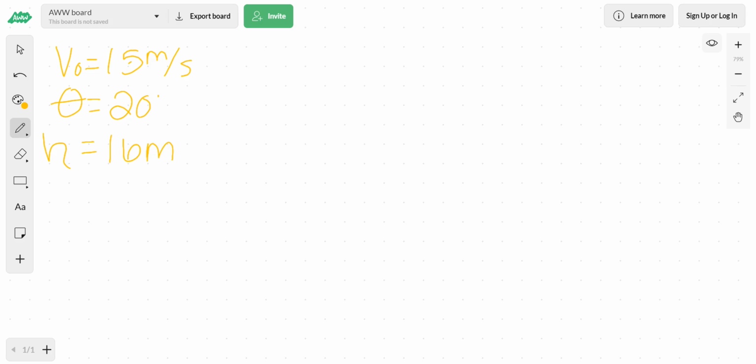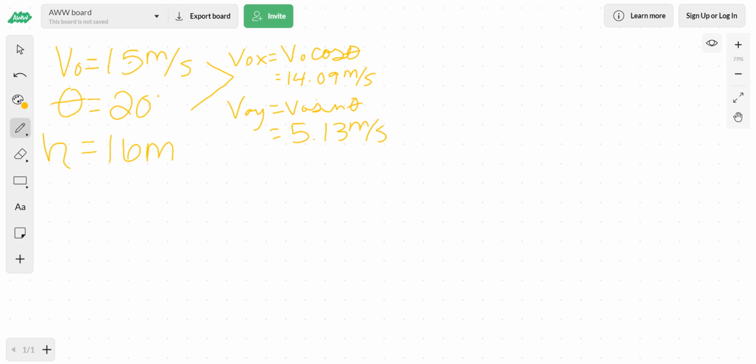Okay, so first thing you want to do, like the previous problem, is figure out VOX and VOY. And VOX is V initial multiplied by the cosine of theta, which is the same as the previous problem, so it's 14.09. And then VOY is V initial sine theta. Again, same as the previous problem, so it's 5.13.